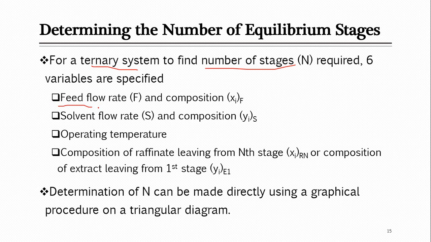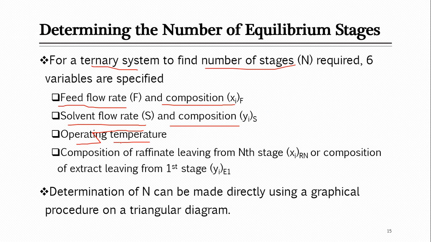First of all, you should know the feed flow rate and its composition: which components are there, what are their percentages, and what is the overall feed flow rate, as well as the solvent flow rate and its composition. If any of this information is not provided, first of all we have to find it. And operating temperature is important, because you have to look for equilibrium data.